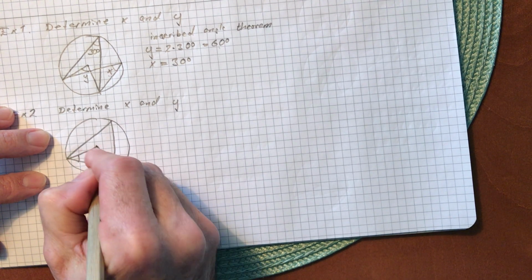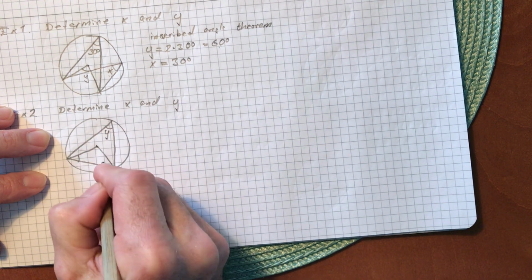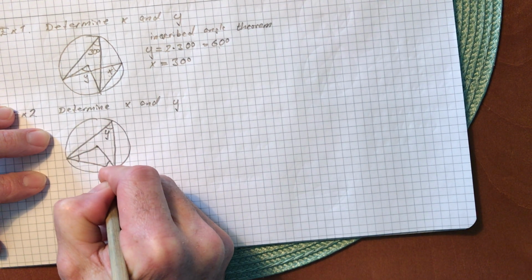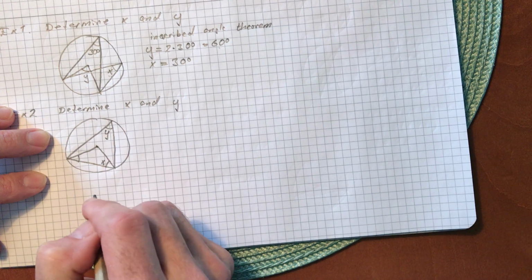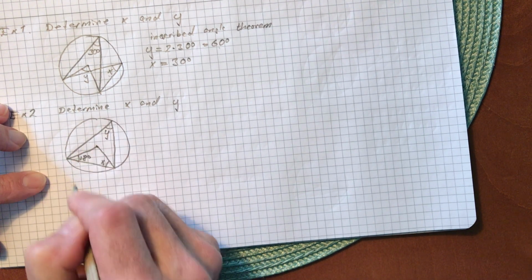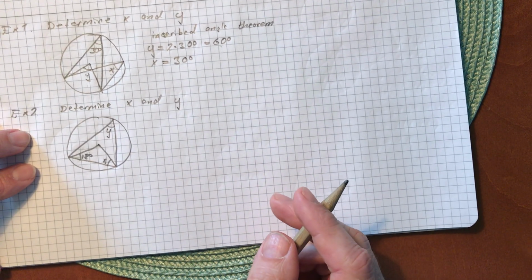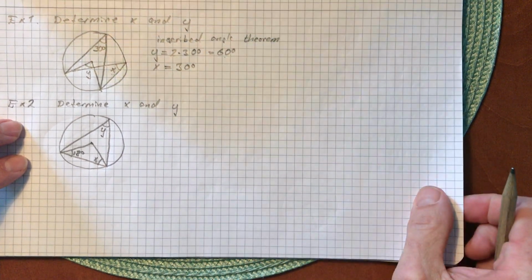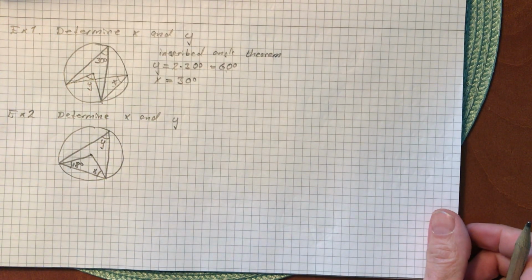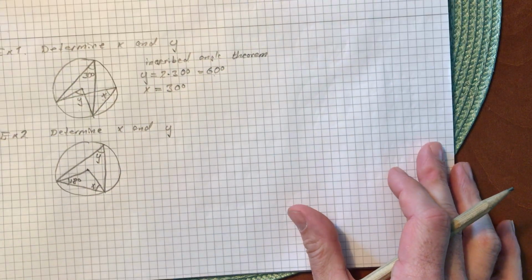And then this is y. I want you to tell me what it is. And this is x. But this angle is 18 degrees. Now, can you solve the problem? Then you do it. And then you can look at the answer when you turn on the video again.